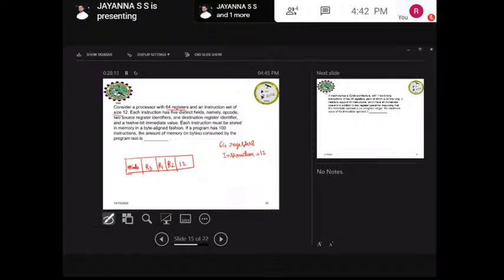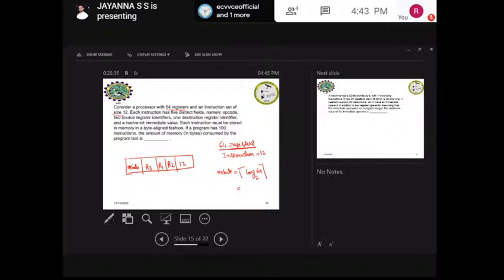For that, first you have to calculate how many bits are needed to represent the registers. In this example, there are 64 registers. The number of bits used for representing a register is the ceiling of log base 2 of the total number of registers, that is 64.